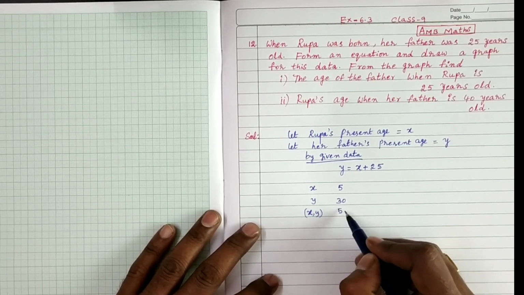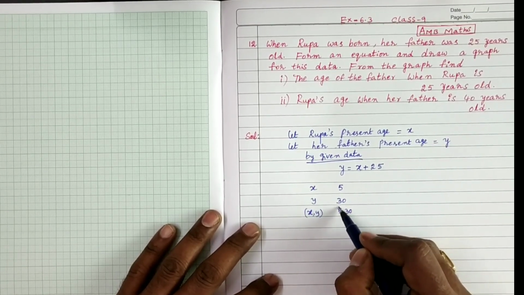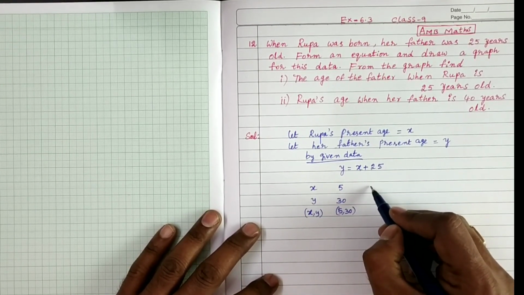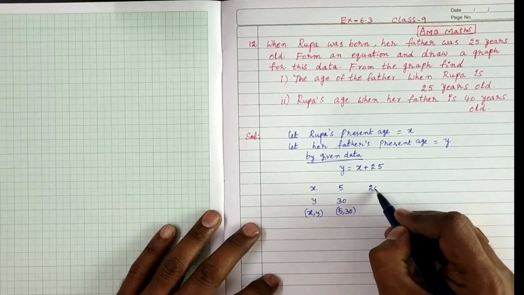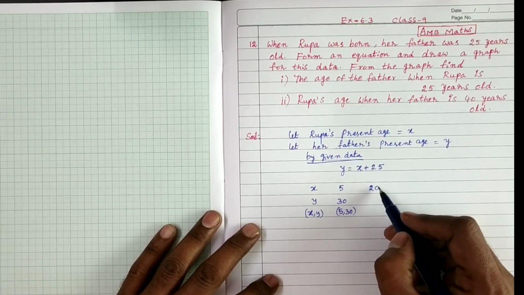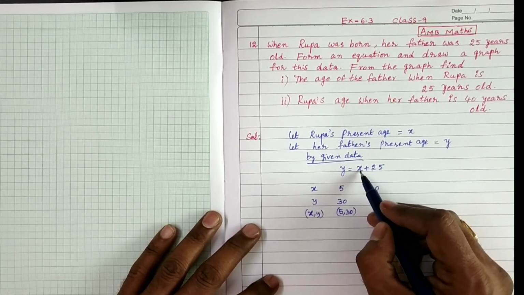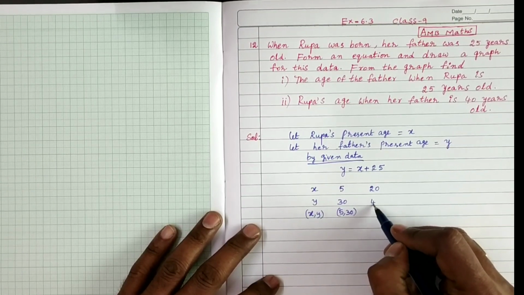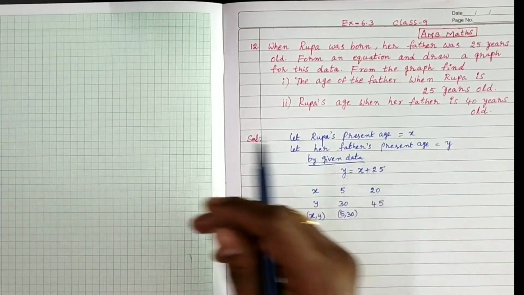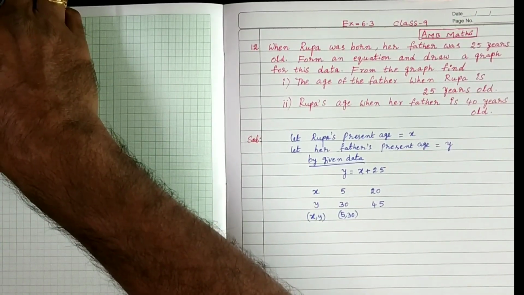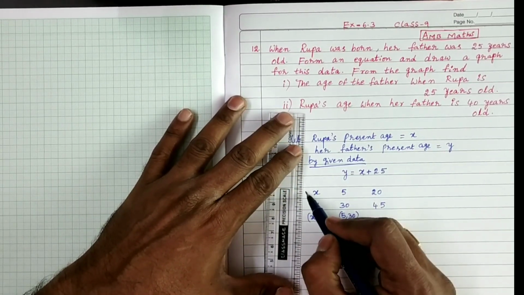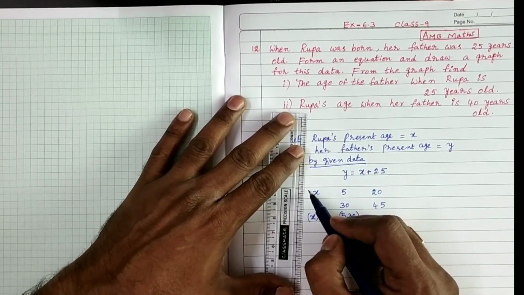So X comma Y is 5 comma 30. And suppose 20 years. If Rupa's age is 20 years, then her father's age will be 20 plus 25, that is 45. Take these 2 points to draw the graph. I prefer these points. You can take any 2 points.